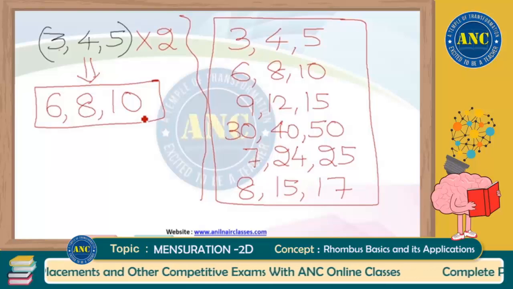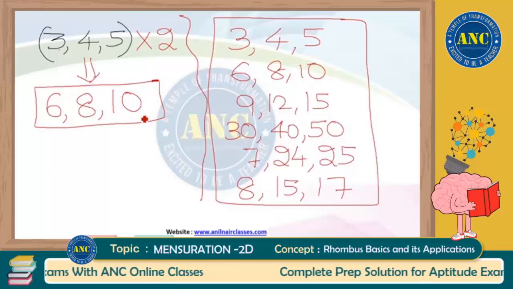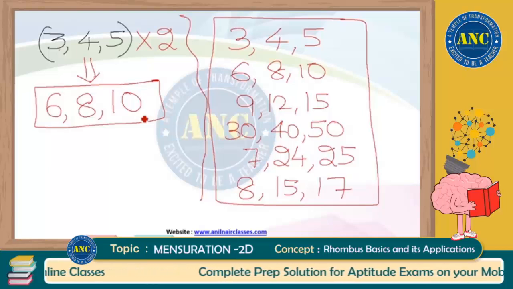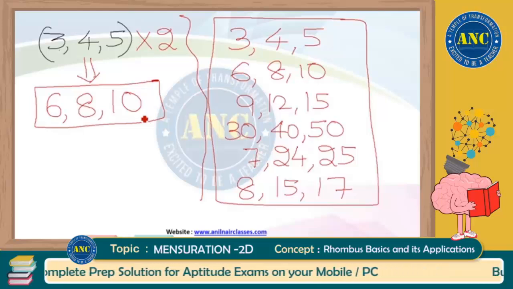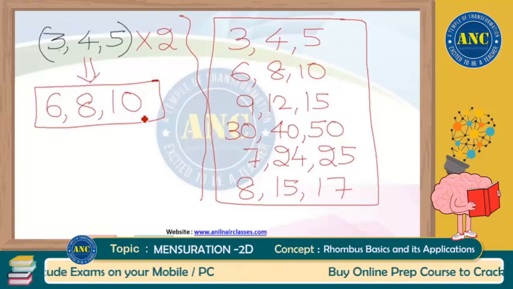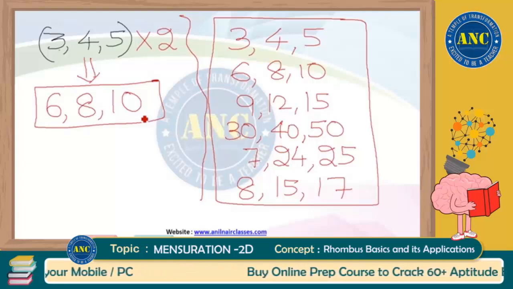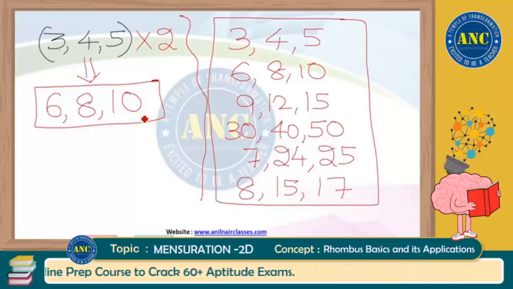You can remember as many as possible, but remembering all the Pythagorean triplets is a slightly difficult task. So instead of remembering, we can derive them whenever required, and thereby there is no actual need for us to remember so many Pythagorean triplets.